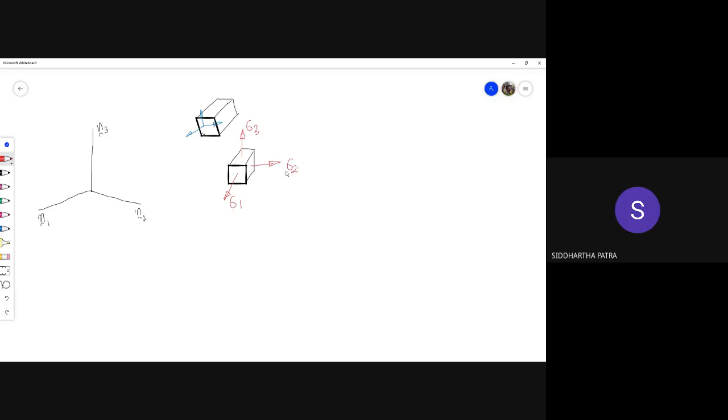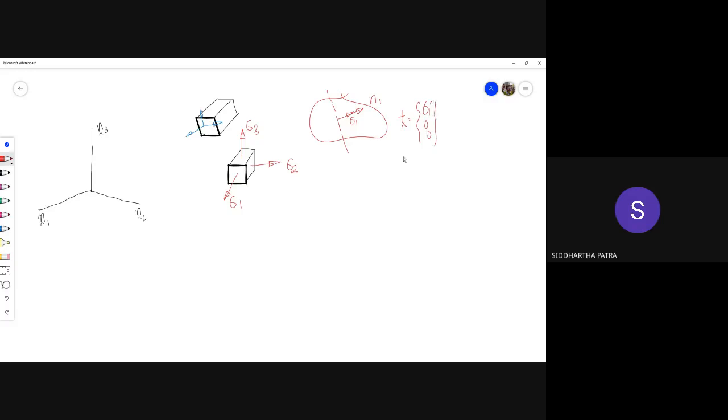Okay, so in principal directions, if there is a geometry under stress, and if I cut on a plane that is normal to one of the principal directions, let's say n1, then I'll only have the traction vector to be sigma 1, 0, 0.